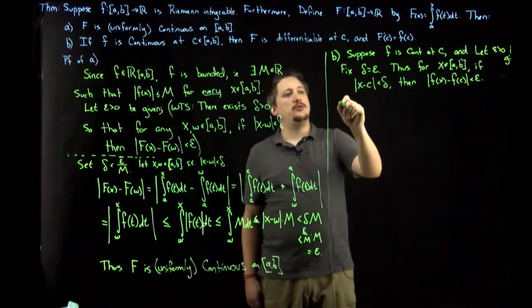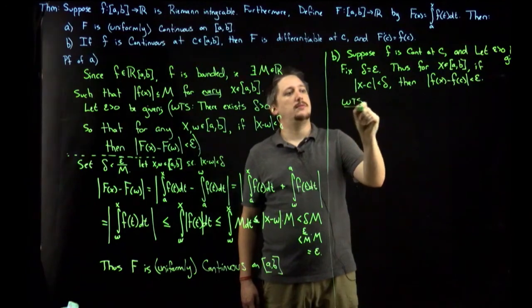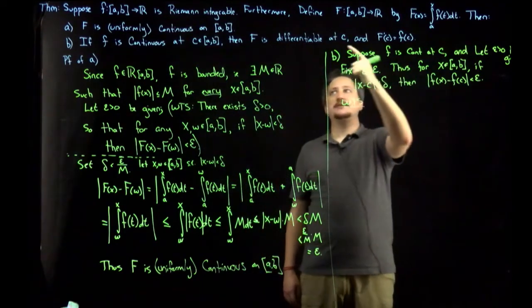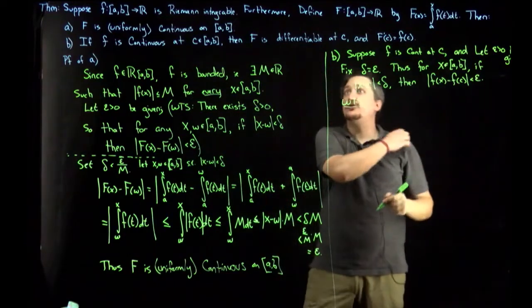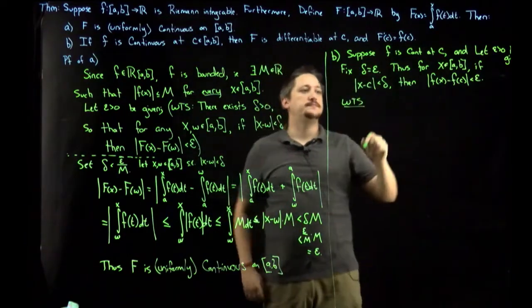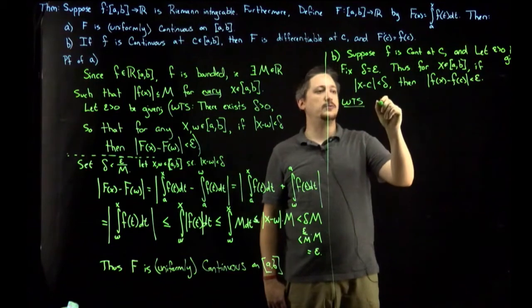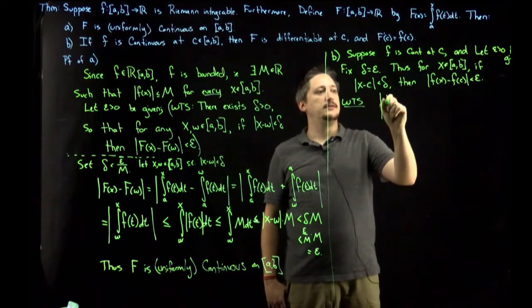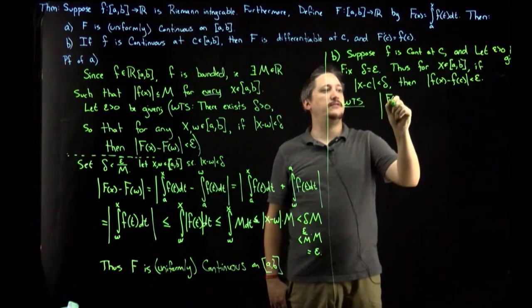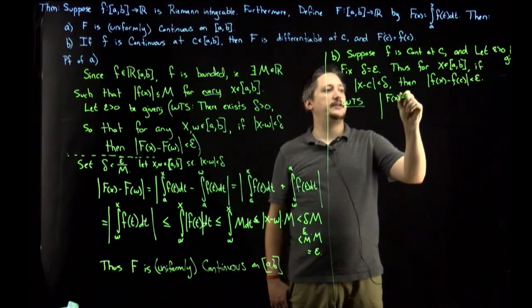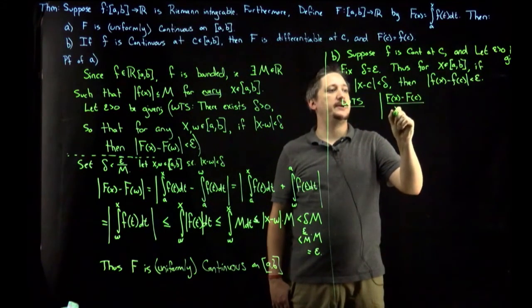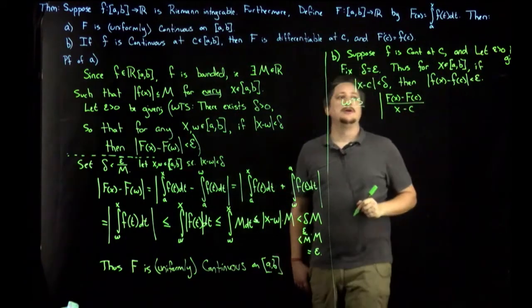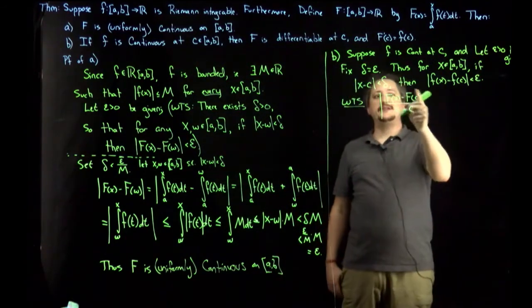What we want to show is that capital F is differentiable, plus this thing, but we'll get to that in a second. So what we want to show is that F is differentiable. So we want that the limit as x goes to c of (F of x minus F of c) over (x minus c) makes sense.